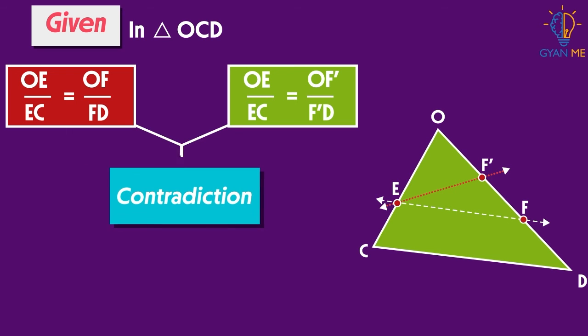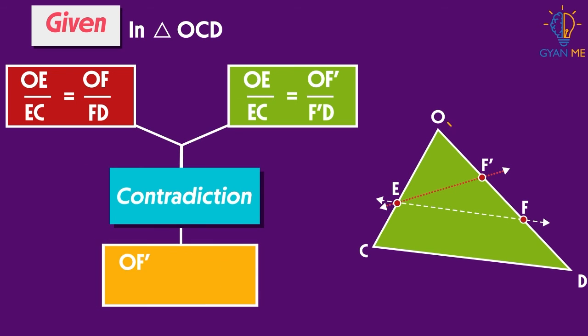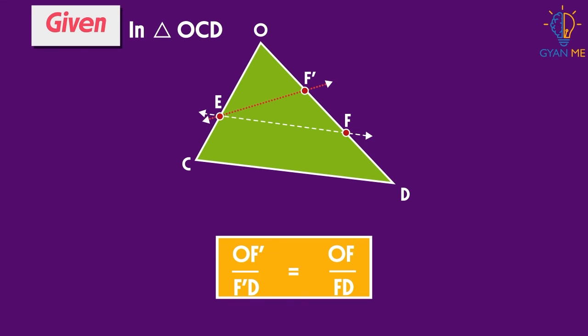So by contradiction, we can say that OF' upon F'D should be equal to OF upon FD. Now this can be only true if points F and F' coincide with each other. That is, they are one and the same point. So we can say that F and F' are the same point.